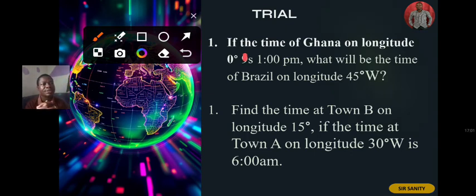Number 2 says find the time at town B on longitude 15 degrees, if the time at town A on longitude 30 degrees west is 6 o'clock a.m.